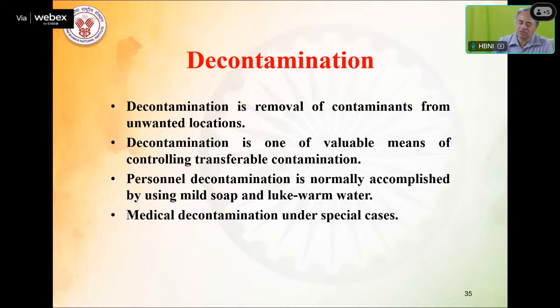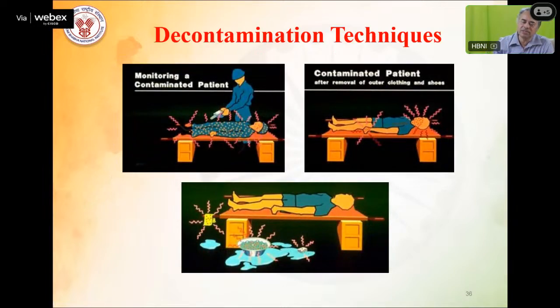Personal decontamination is normally accomplished by using mild soap and lukewarm water. Medical decontamination is to be handled professionally by the experts. Methods of decontamination, decontamination techniques, are actually for the professionals.